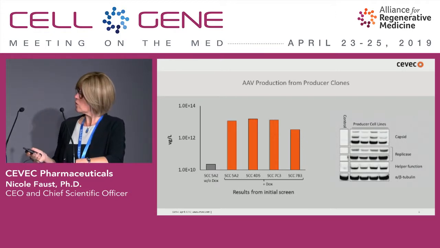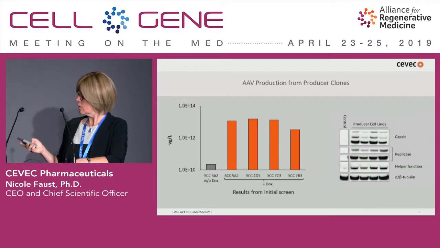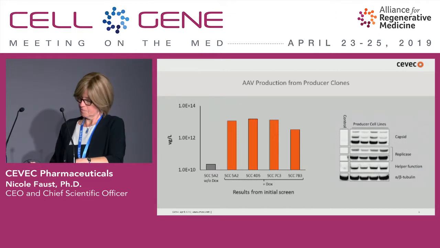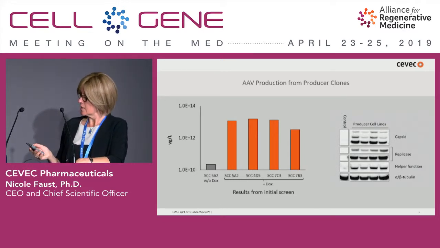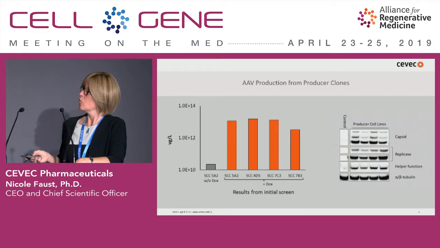And when you look at all the different gene products that need to be expressed, you see that the helper, the rep genes, and also the capsid are induced to nice, functional levels in these cells, and the functionality is also demonstrated by the formation of full, complete AAV functional particles in the cell cultures.